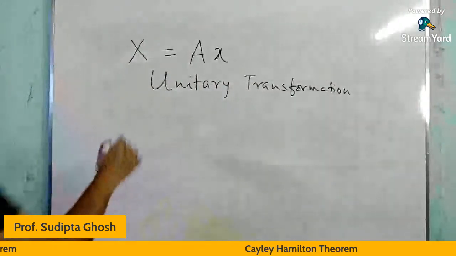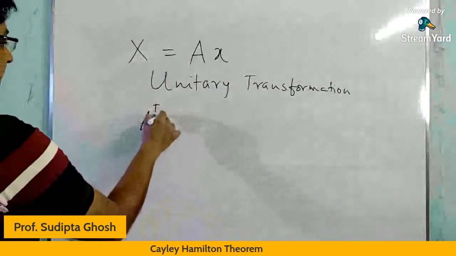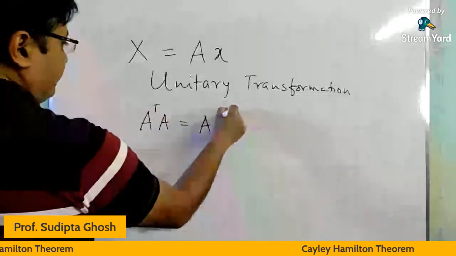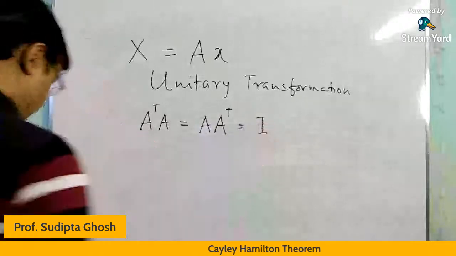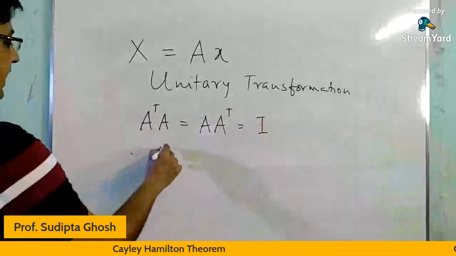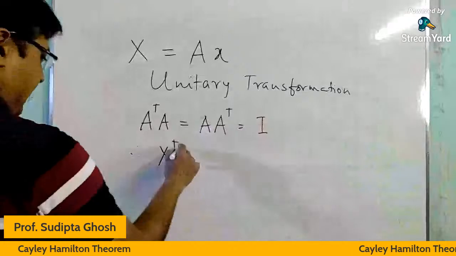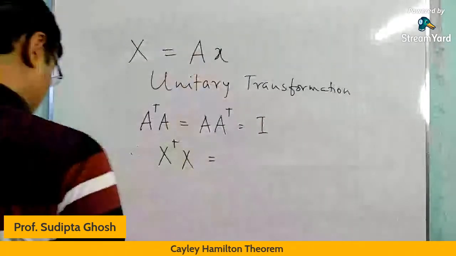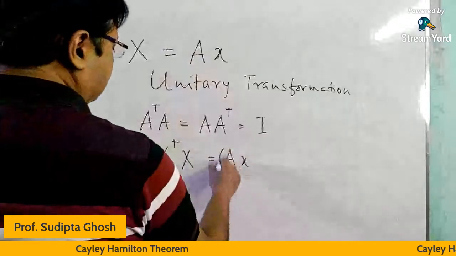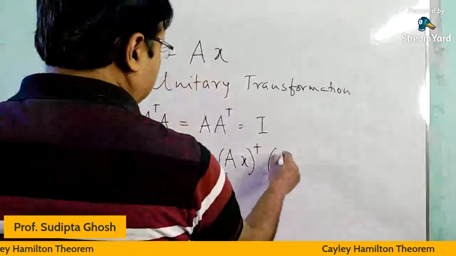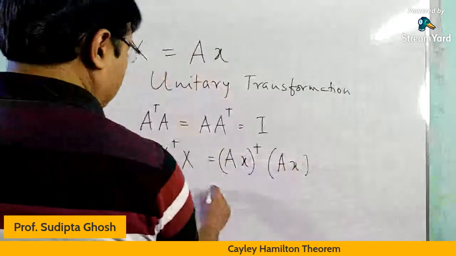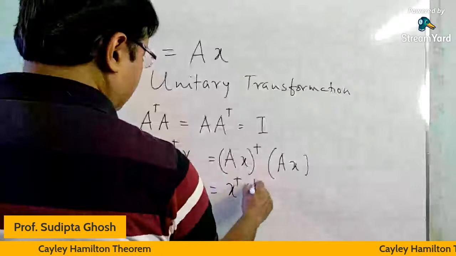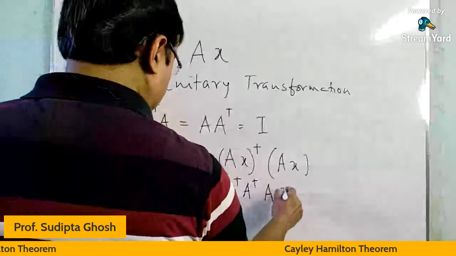Now, since A dagger A equals A dagger equals I, X dagger X, as X equals A into X, will give (AX) dagger with AX, and it will be X dagger A dagger and then AX.